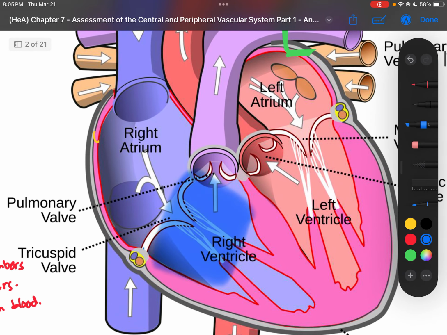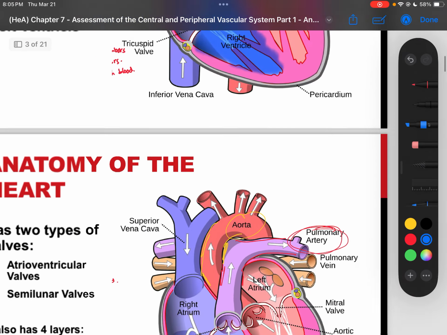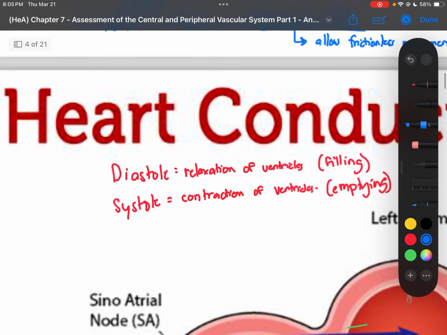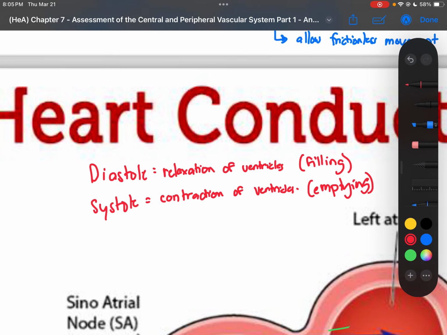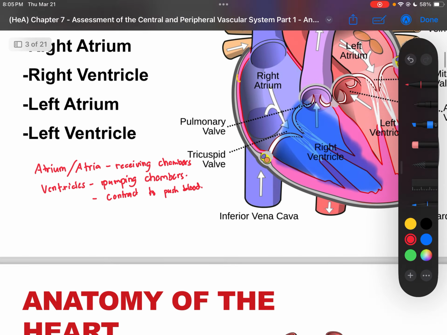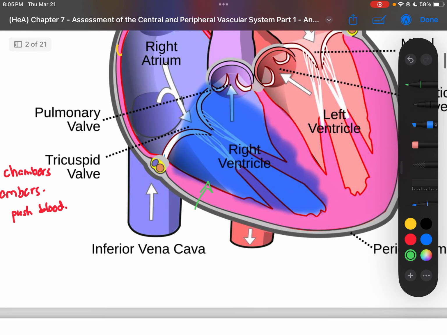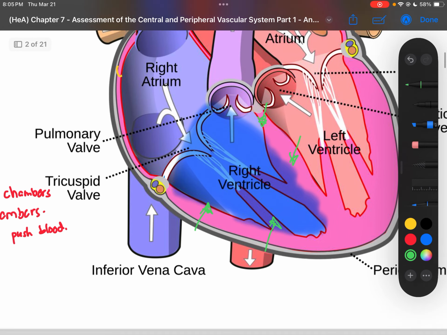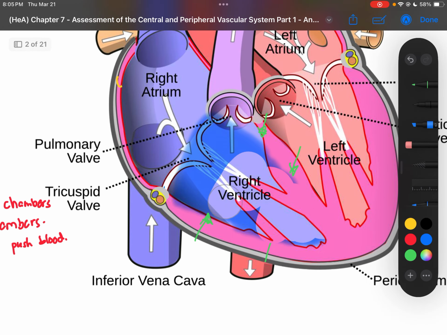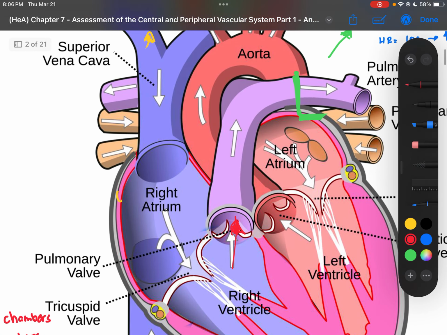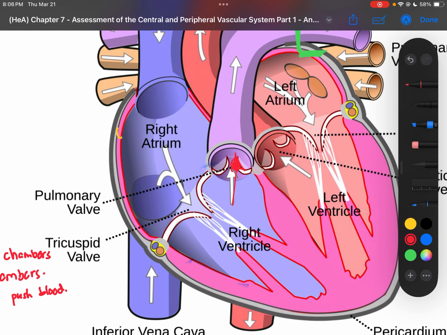Let's say, for example, class, the blood is in the ventricles. If you remember, systole is the contraction of the ventricles and it empties. So during systole, the ventricles will contract, and once they contract, they will push the blood towards the opening, towards the pulmonary artery in this instance.